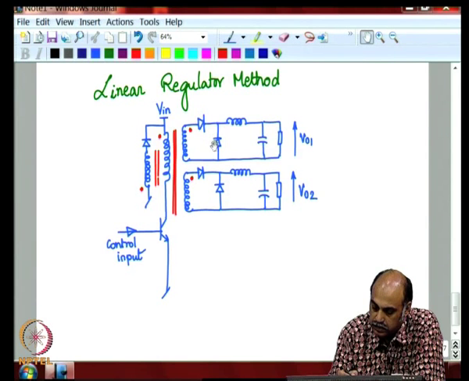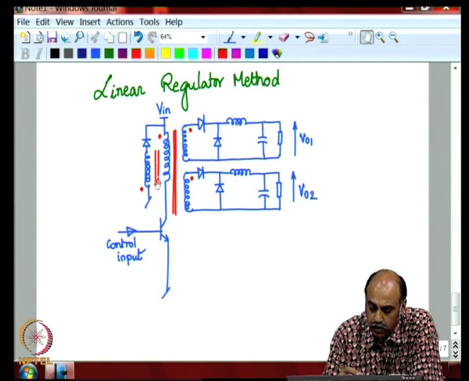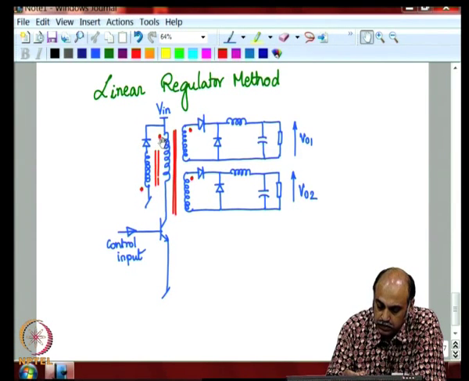This diode is reverse biased, charges up the inductor and the capacitance, the inductor energy is building up, and the inductor energy here is also building up. Now, because this dot is positive, this diode is reverse biased and off.